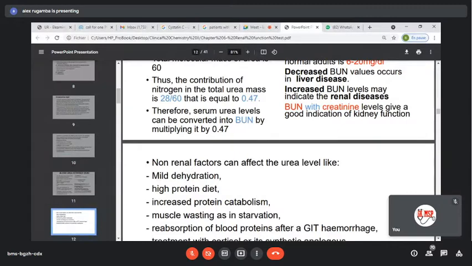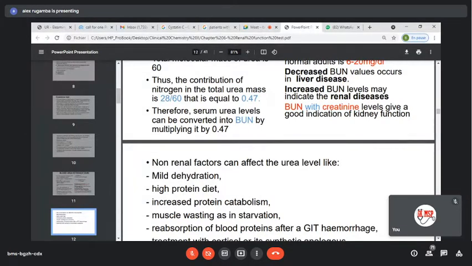I told you that creatinine is a good indicator of kidney function. I told you that it's better than urea. You know why? It's because urea is very sensitive. For example, in the case of mild dehydration, the urea will be affected. In the case of a high protein diet, urea will be upregulated, meaning that the urea will be high.